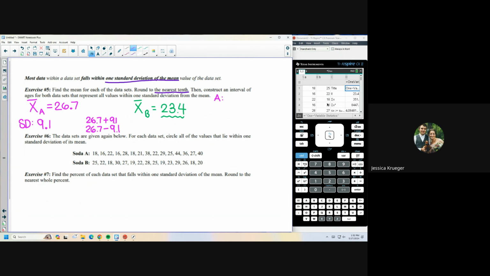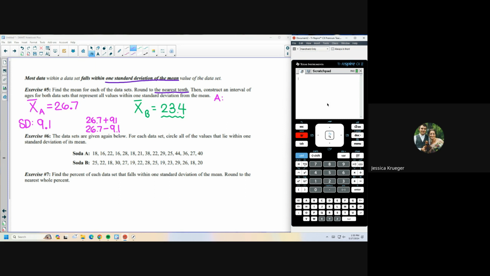I think. Let me double check this. I want to make sure I'm telling you this correctly. Yes. Okay. So one standard deviation means it could be a standard deviation above or below.